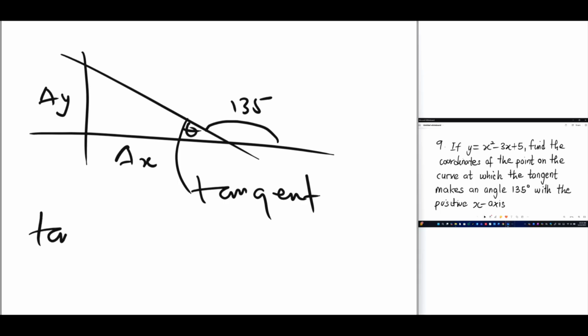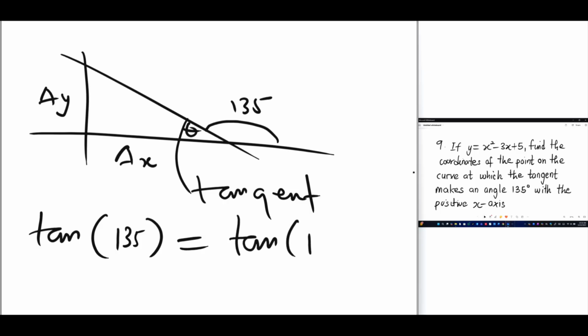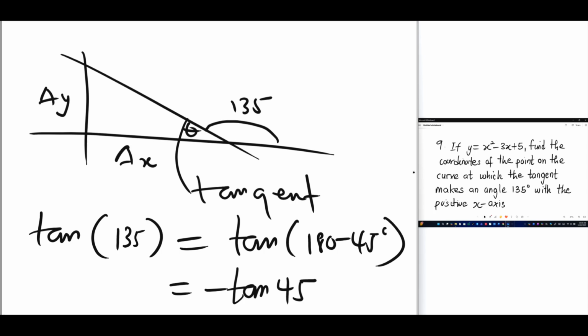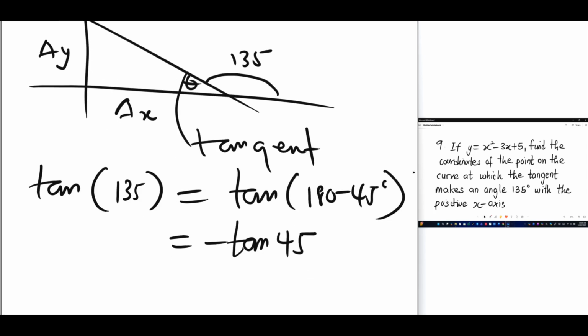So we are going to use the 135 degrees. Tan 135 degrees is the same as tan of 180 minus 45 degrees. This will give us negative tan 45 degrees, because anytime you find tan 135 degrees, you get a negative result. That will be in the second quadrant.